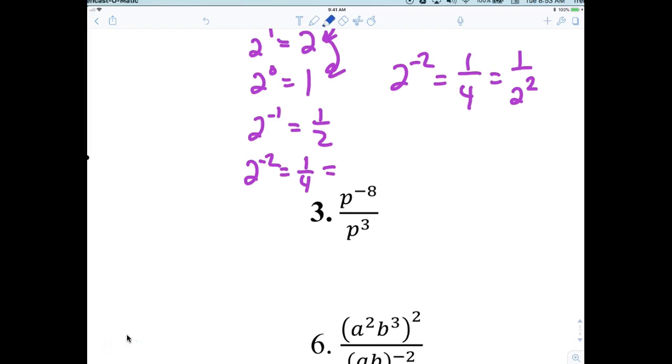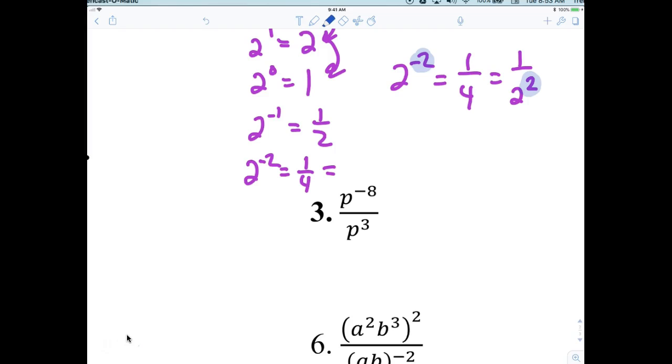If you have a negative exponent, all you do is you move it. If it's on the top, you move it where? To the bottom, or you move it to the denominator. And then the exponent becomes a positive. Anything to a negative exponent, you have to move.